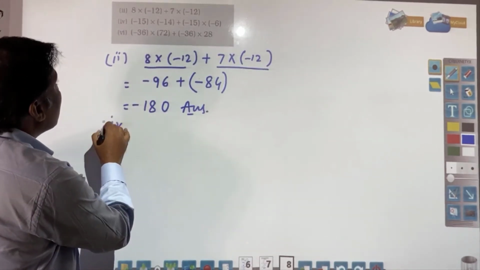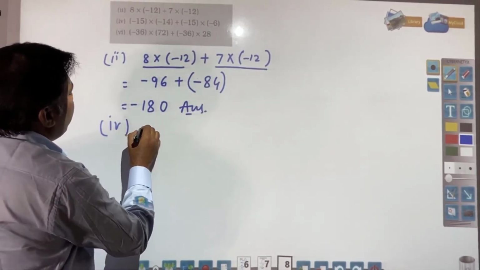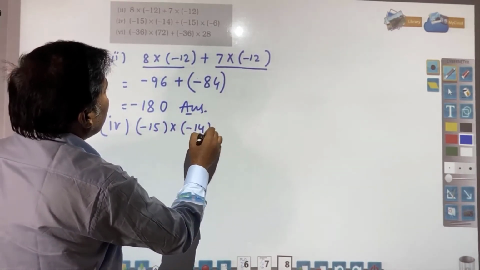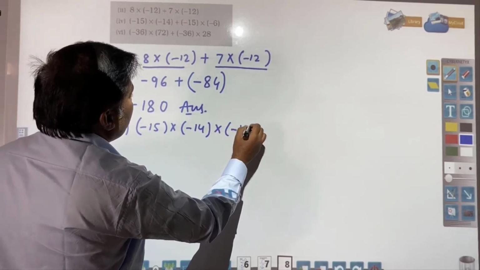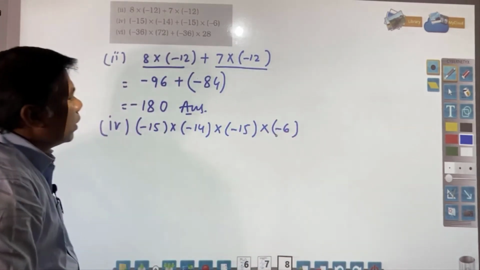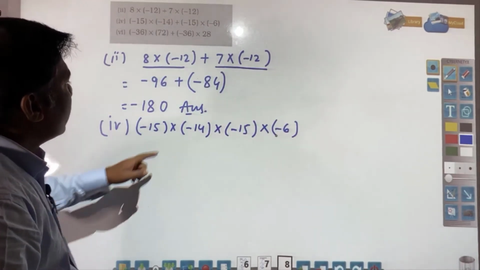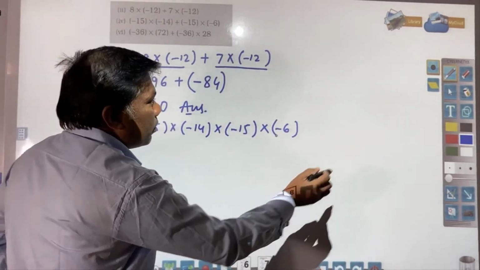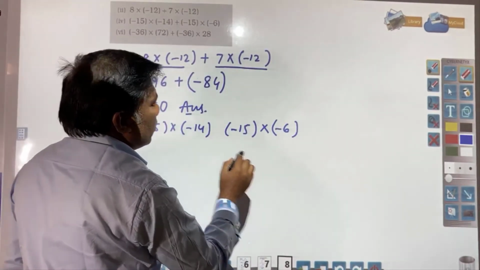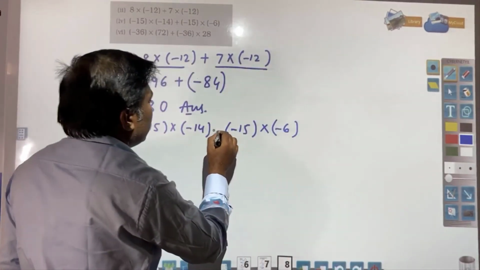Next you see, -15 into -14 plus -15 into -6. Here you have plus.